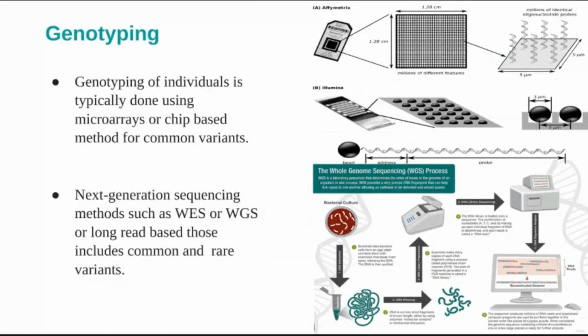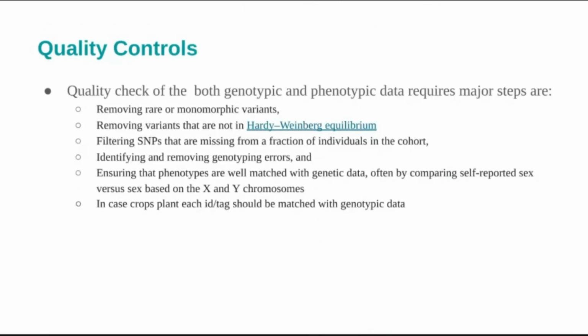I told you about the genotyping. This is the replicate slide, so I will go to the next. For quality control, keep in mind we have to remove monomorphic variants. Also, we have to remove the variants that do not follow the Hardy-Weinberg equilibrium equation.